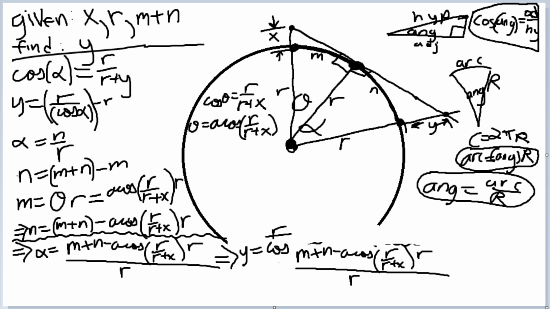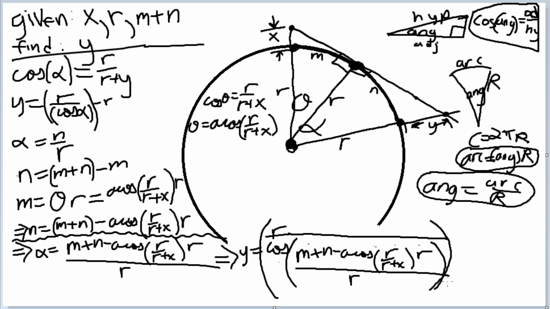Let's tidy that up a little bit. Cosine of that. And that's r over all of that. And then that's r over cosine of alpha. Put our brackets, very useful.